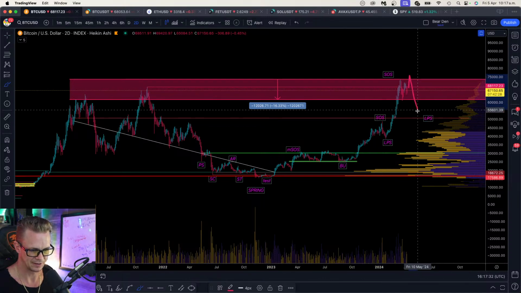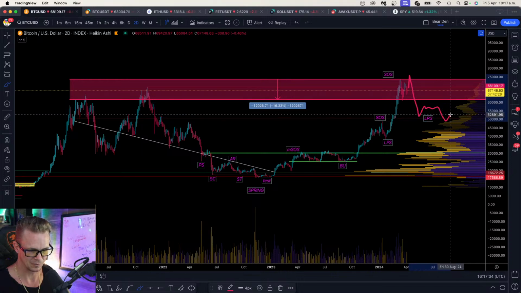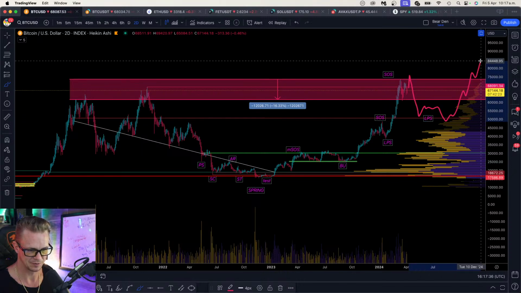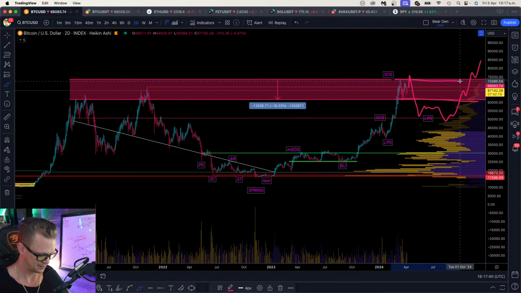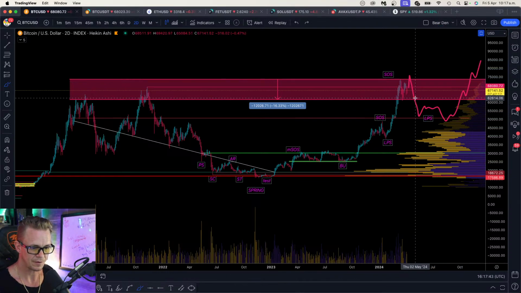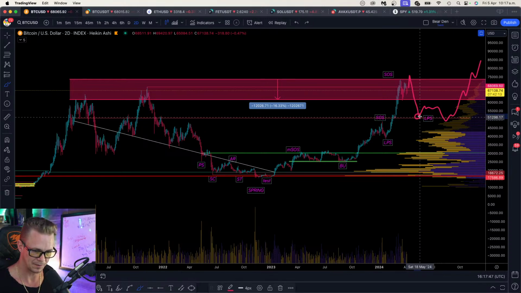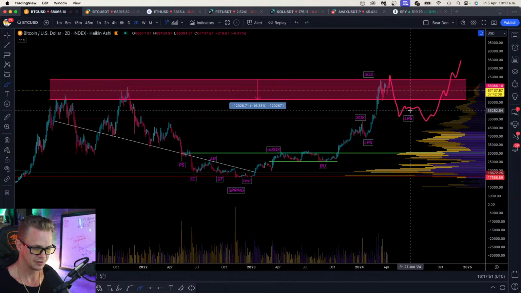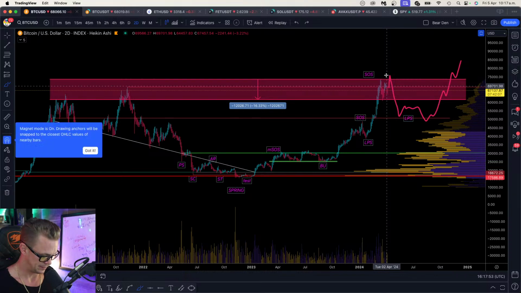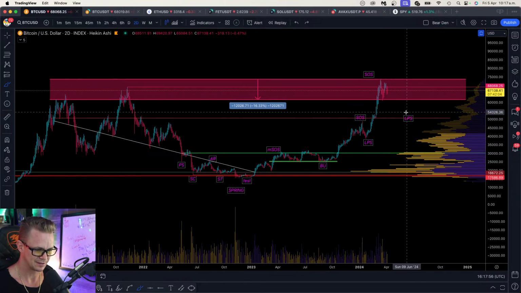Or you see something like this, price drops down, you get a real nice momentary spring and reaccumulation. So again, I just want to reiterate, there's two main thought processes here. Either we stay within the trading range at 60,000 and we break out, or we come all the way back down to 50,000 and then break out. Both scenarios are bullish in the long term, but there are reasons to believe that there's some type of bearish momentum coming.